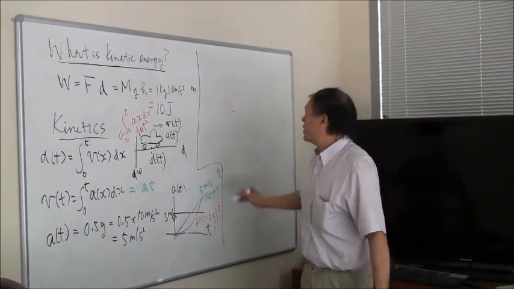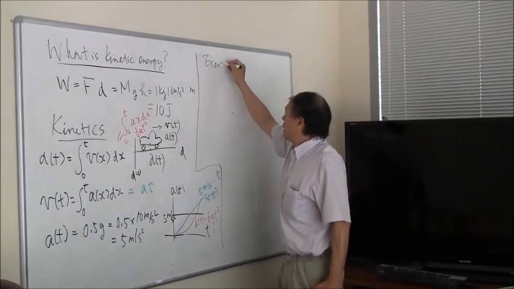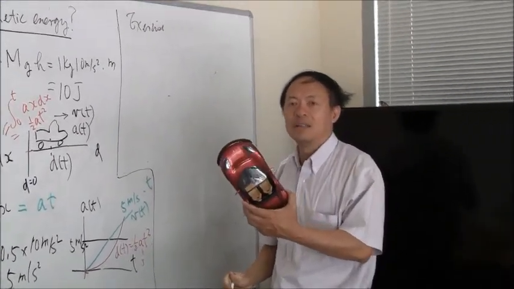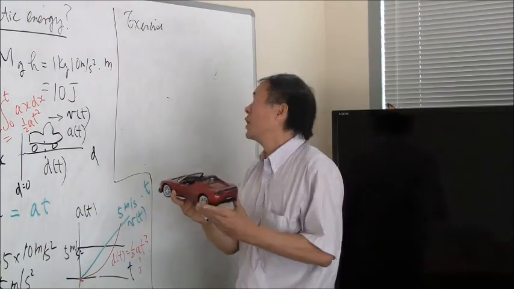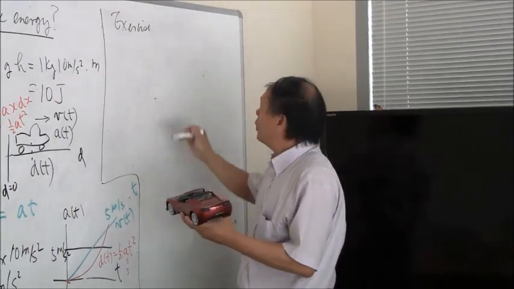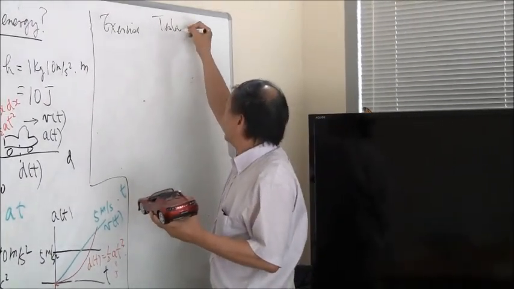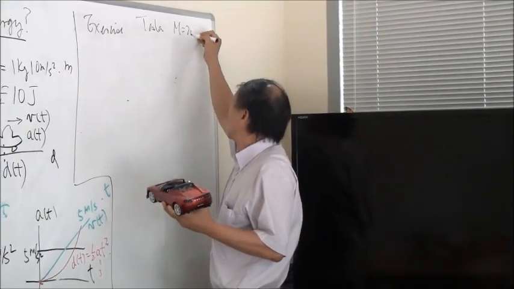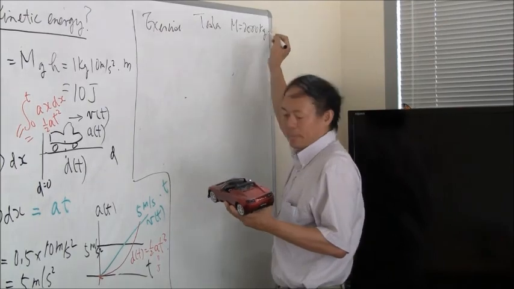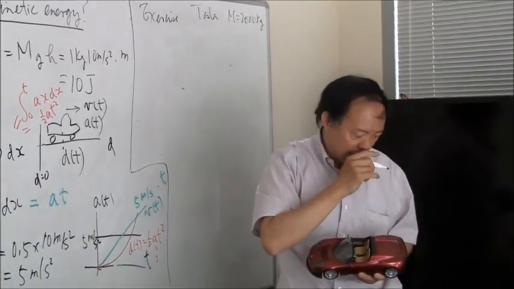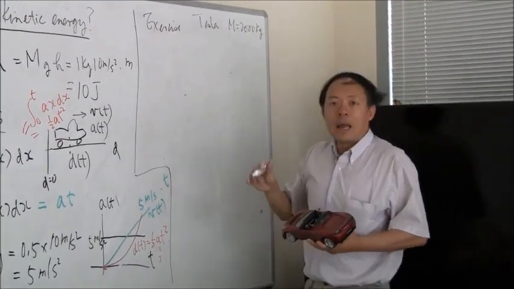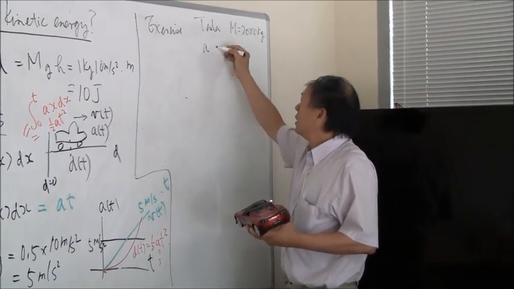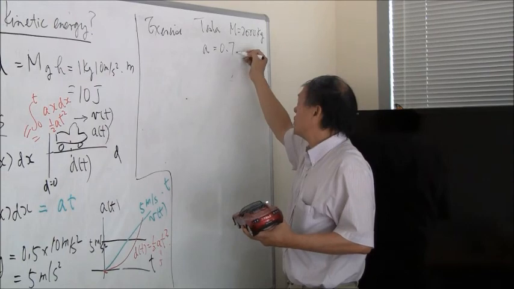Today, we're going to do an exercise on finding how fast the Tesla accelerates. I drive this car every day to work. So we know that the Tesla, including my own weight, has a mass of 2,000 kilograms. And when I press down the accelerator, the a could be as much as 0.7 g.